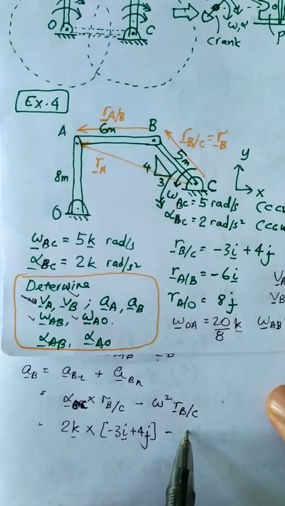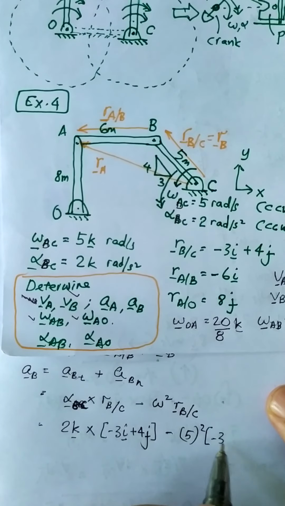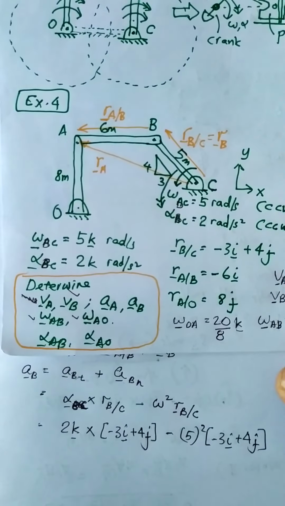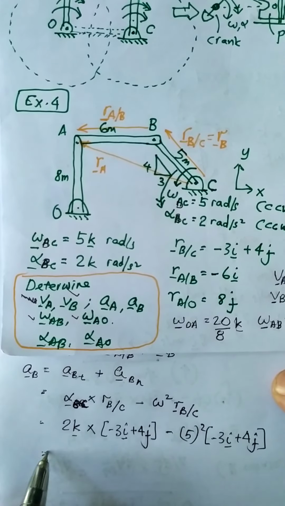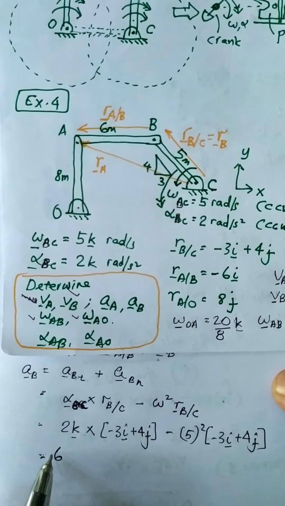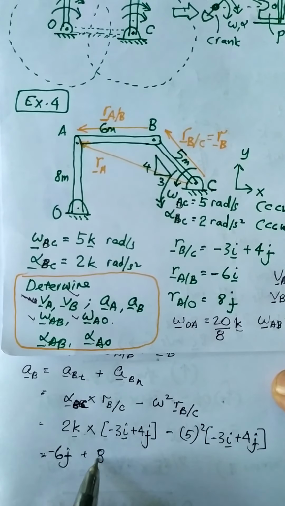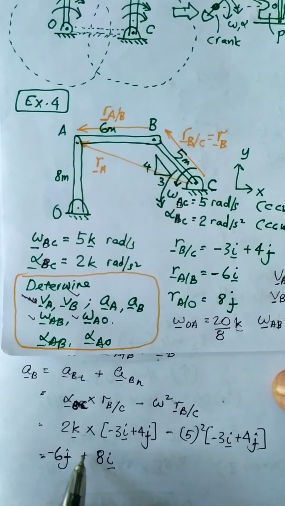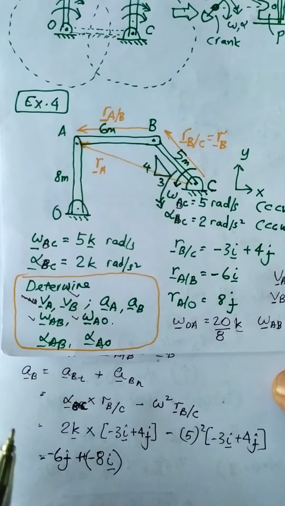Omega's magnitude is 5, so 5 square, times the position vector minus 3i plus 4j. Now we have 2 times 3 is 6, k cross i is j, so minus 6j. 2 times 4 is 8, k cross j is minus i, so minus 8i.